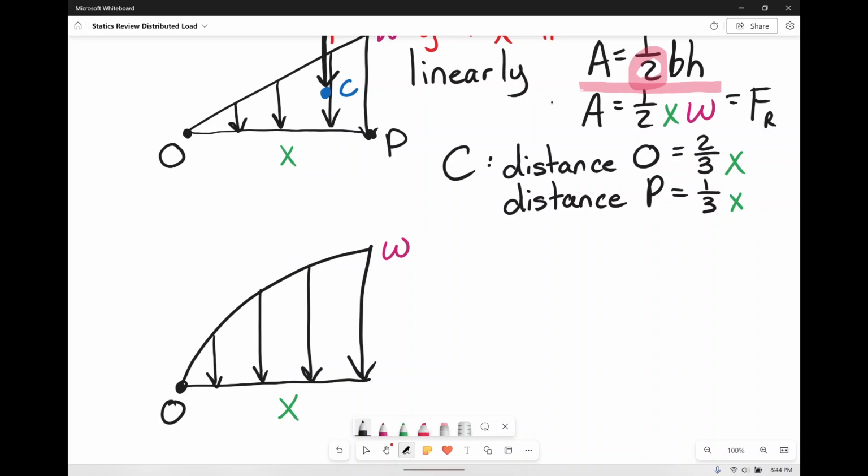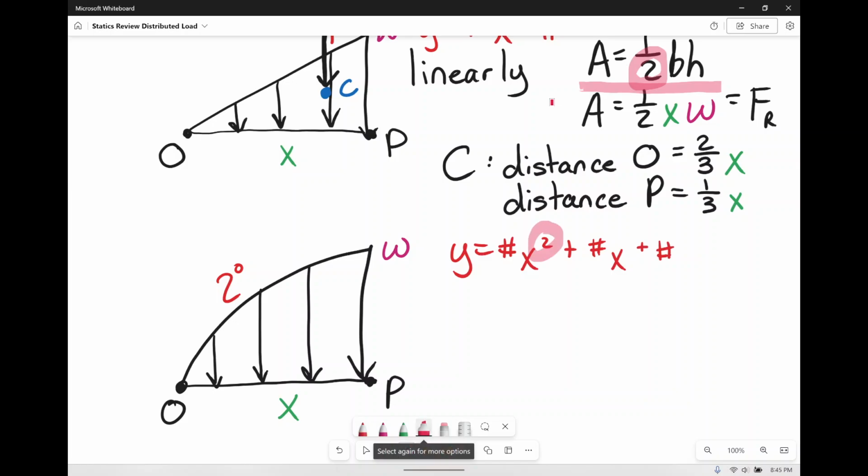Still going to call O the one on the left, still going to call P the one on the right, the bigger side. And again, this is a 2 degree slope, and the 2 degree means that our equation is y equals some number x squared plus some number x plus some number. So again, the 2 degree comes from that squared term.